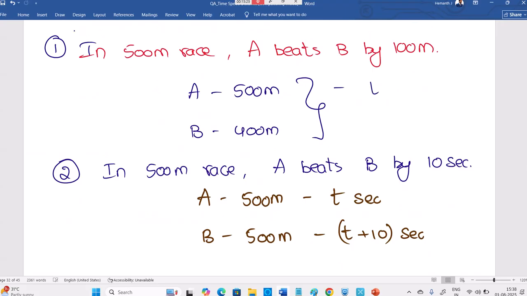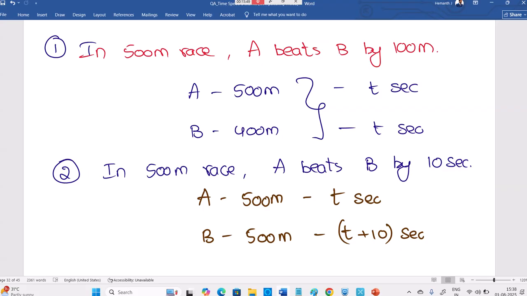Here in timing, A takes T seconds, B also takes T seconds. When both take the same time, A completed the race but B has not completed the race. But in the second scenario, this extra 100 meters is traveled in an extra 10 seconds. B traveled an extra 100 meters in this one.